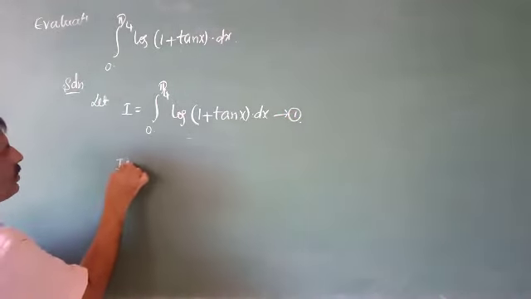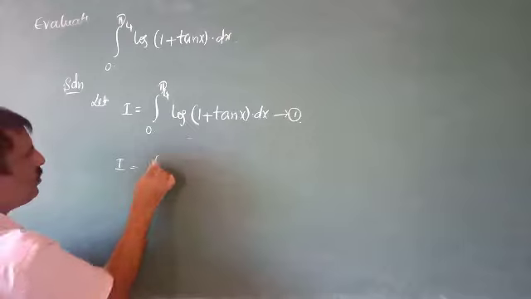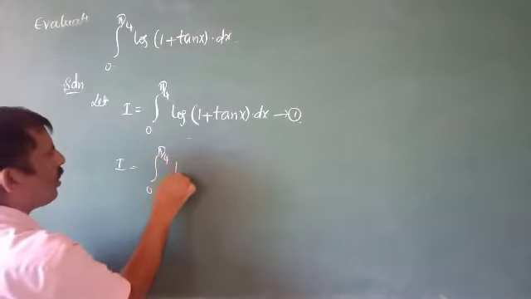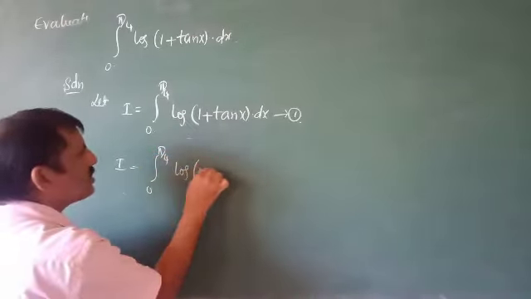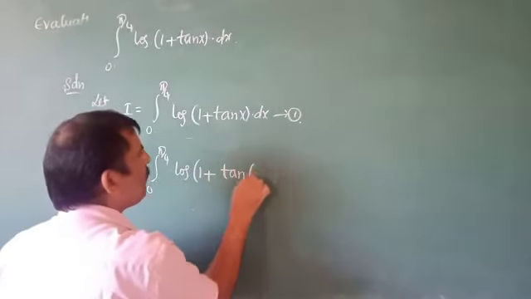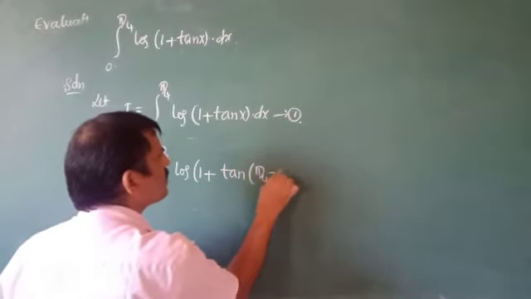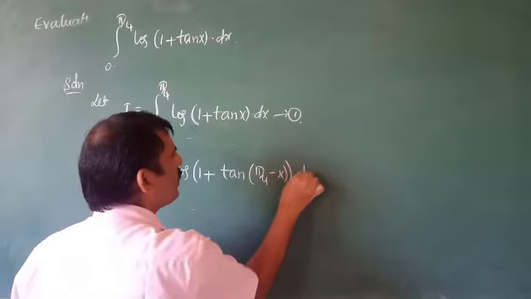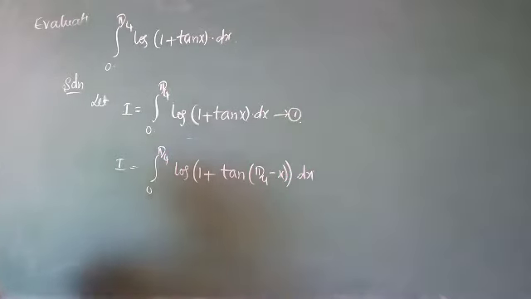I is equal to integral of 0 to pi by 4 of log of 1 plus tan of (pi by 4 minus x) with respect to x.